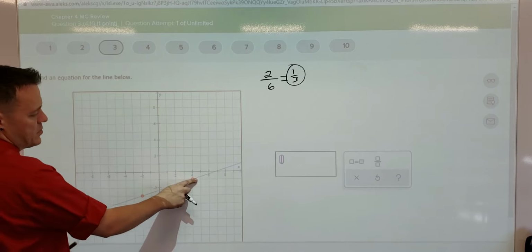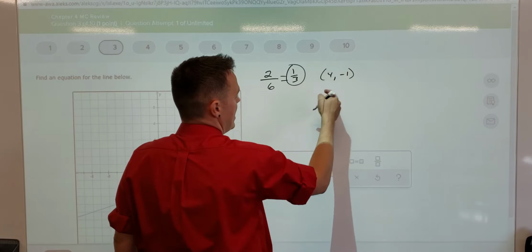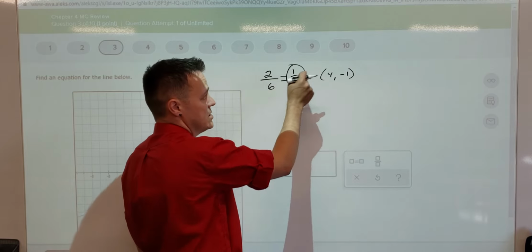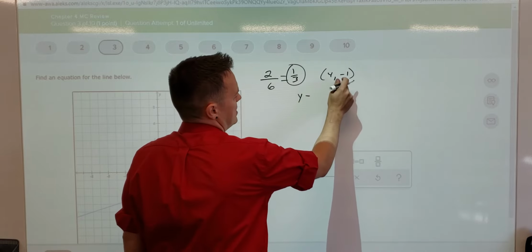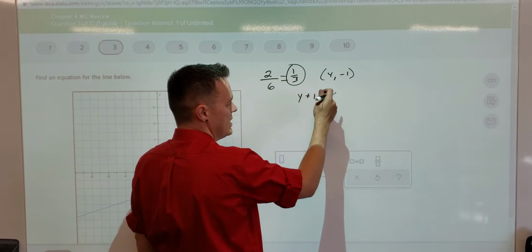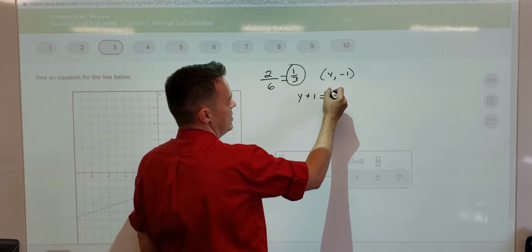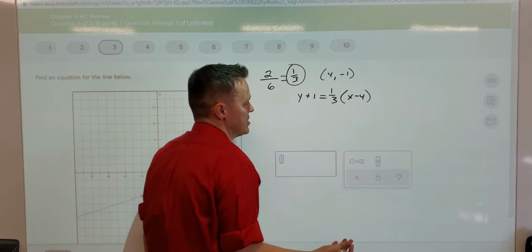So it's going to be this point right here, 4, -1 down. I have my point slope, use the form. So it's going to be y minus, and it's a +1 equals, because it should be y negative, but that turns to positive, 1/3, and then it's x minus 4, and then you simply solve it out.